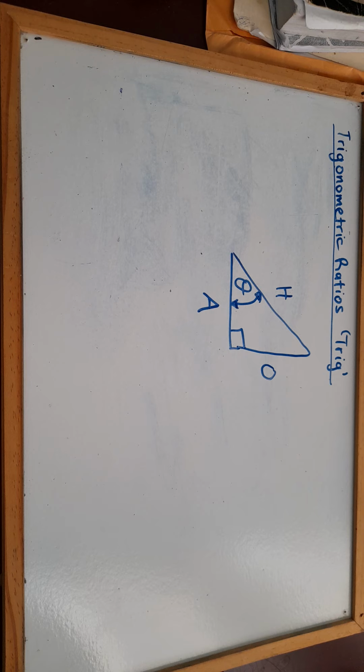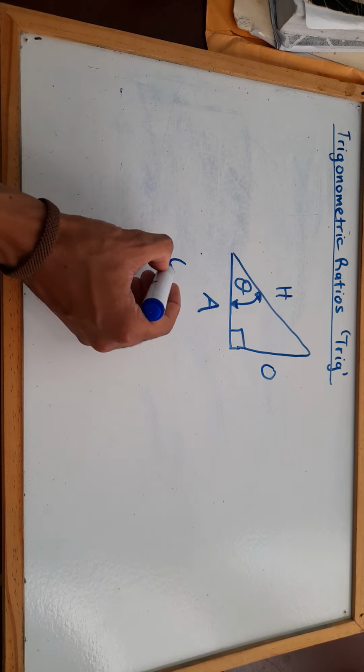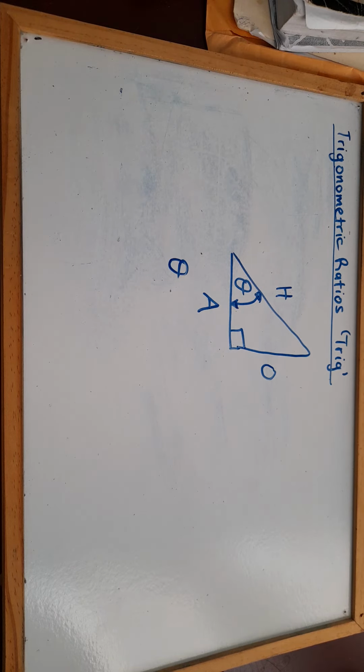Now, how do we apply these ratios to a right angle triangle? Alright, how do you apply them to a right angle triangle? We have established, not me, the mathematicians of the past, have established a relationship between the operation and the angle. So we have established that the angle is theta, right?